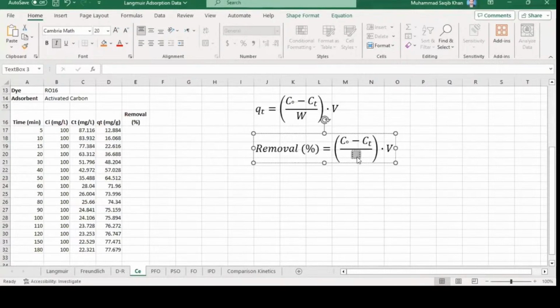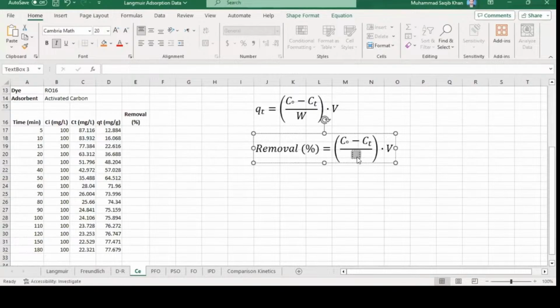We will put this formula over here and copy it throughout. So percent removal and Qt are almost the same in this case.